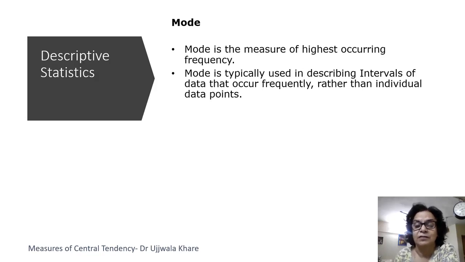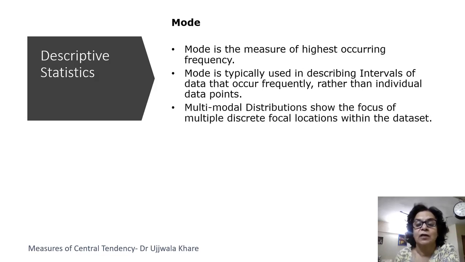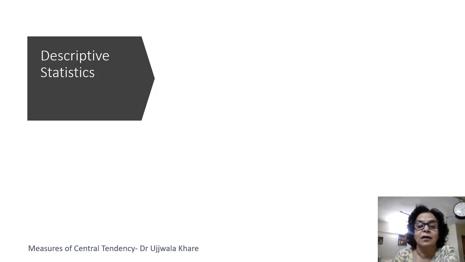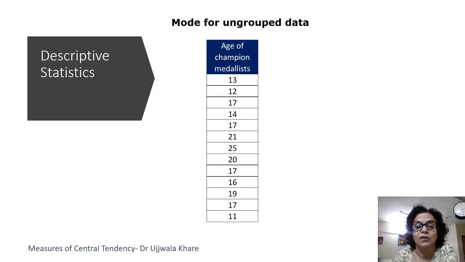We use the term fashion for that, and you can remember it that way, that is, it is typically used for the data which is occurring frequently. So multimodal distributions show the focus of multiple locations. So sometimes you may have 2 or 3 locations for the highest frequency.